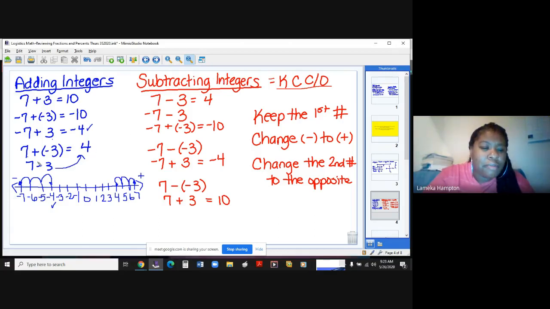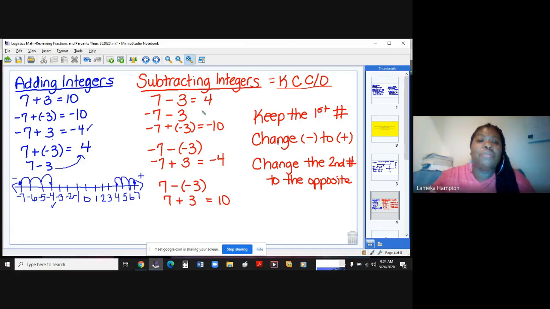Okay. Now, this problem led me here. So I started with subtracting two positive numbers. Again, if I had $7 in my account and I spent 3, I'm left with 4. No biggie, I'm left with 4. Now, it's this next one. -7 minus 3.